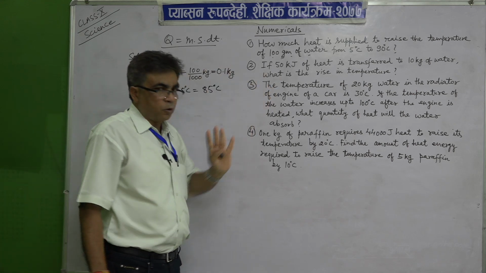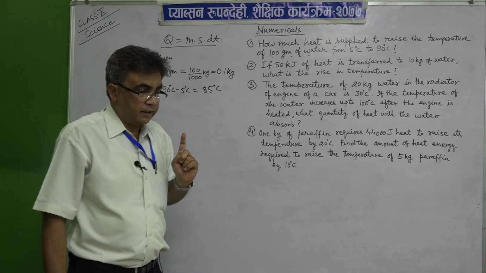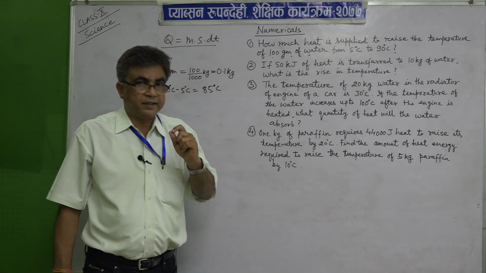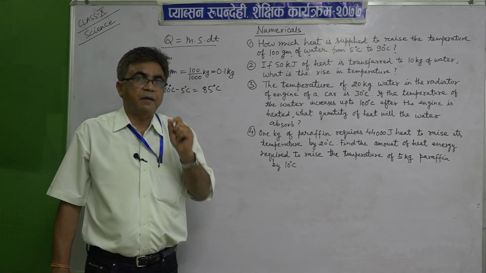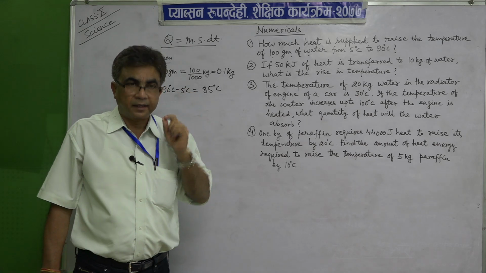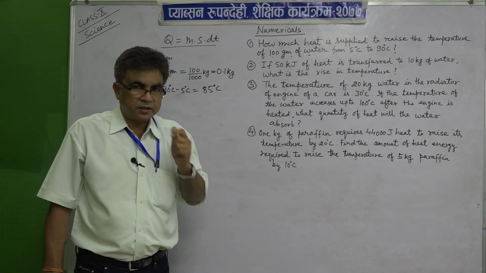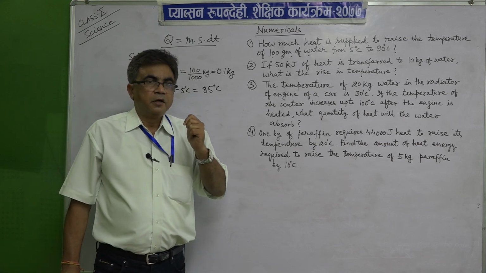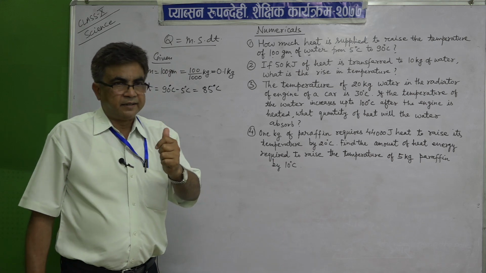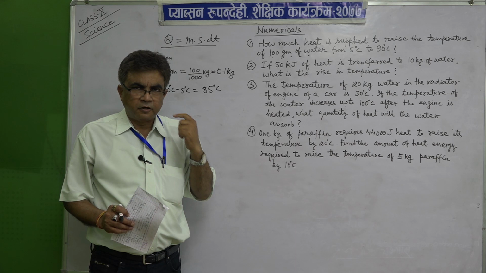We are not getting it in the question, but when I was teaching you specific heat capacity, I told you that you have to learn the specific heat capacity of water by heart. Do you remember what the specific heat of water is? Yes, 4200 joules per kg degree centigrade. It may not be given in the question, but you have to keep it in your mind always.